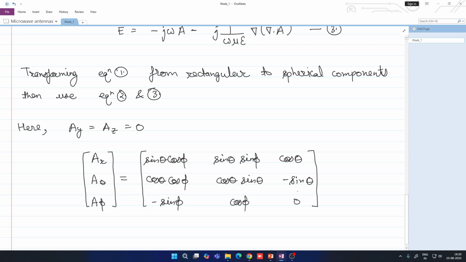I hope everybody knows this. But A y and A z here are 0 for us in this case.